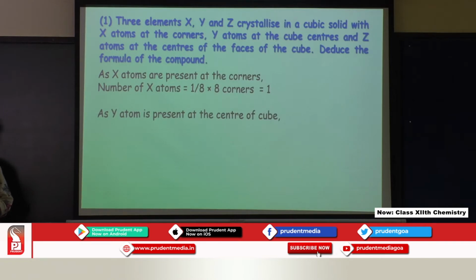As you are given that Y atom is present at the center of the cube, it belongs to that particular unit cell only and is not shared with any other neighboring unit cells. Hence, the number of Y atoms is 1.